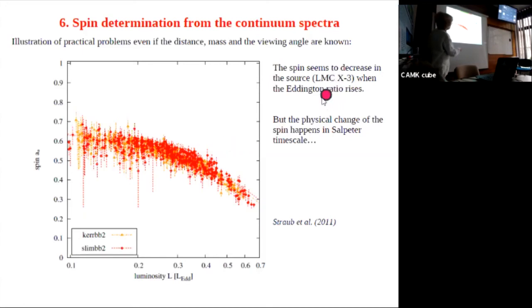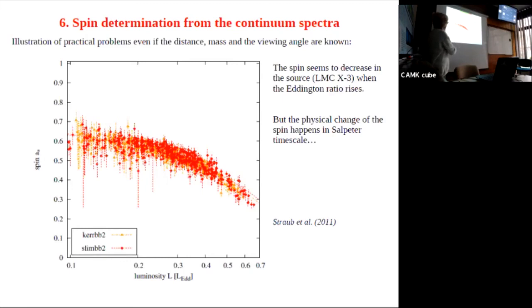This is the plot for LMC X-3, where the viewing angle is known, black hole mass is known, distance is known. But you see what happens. This is the paper by Odele Straub. This is her PhD thesis a couple of years ago, but the problem is formally still not solved.